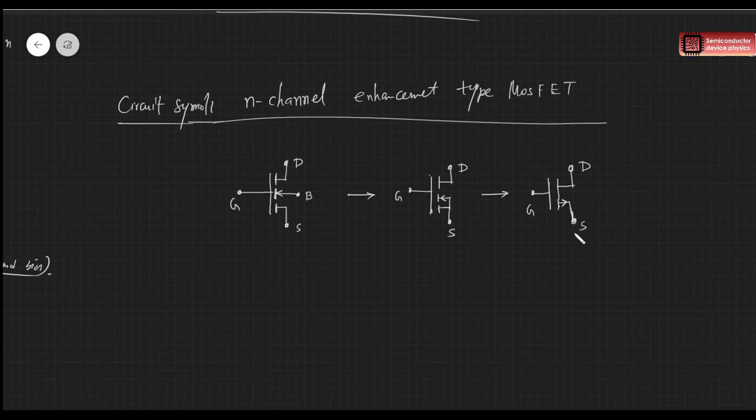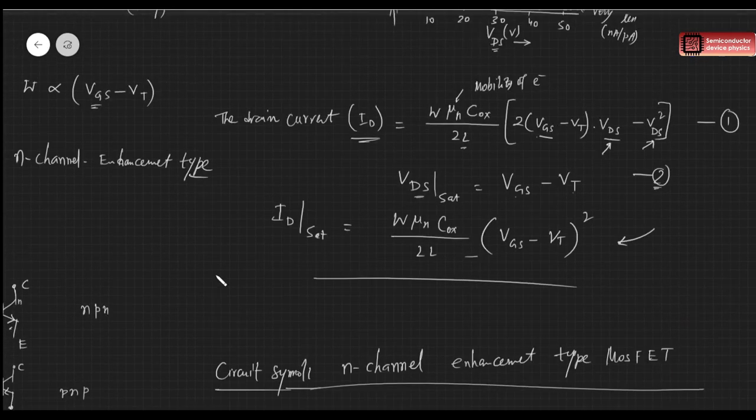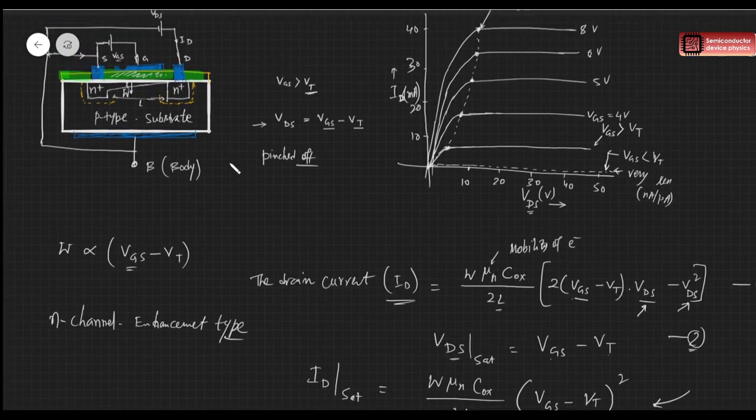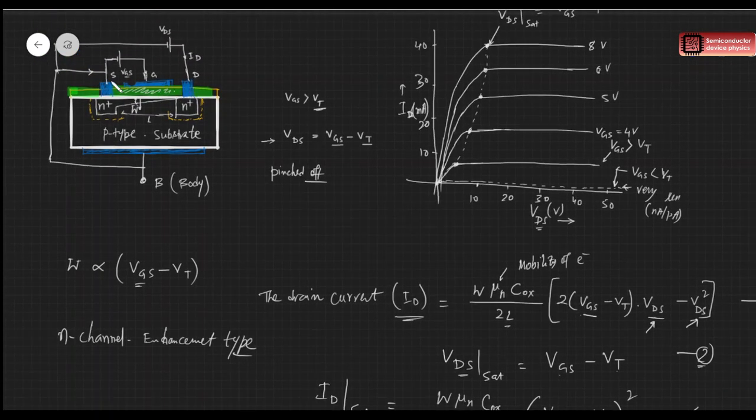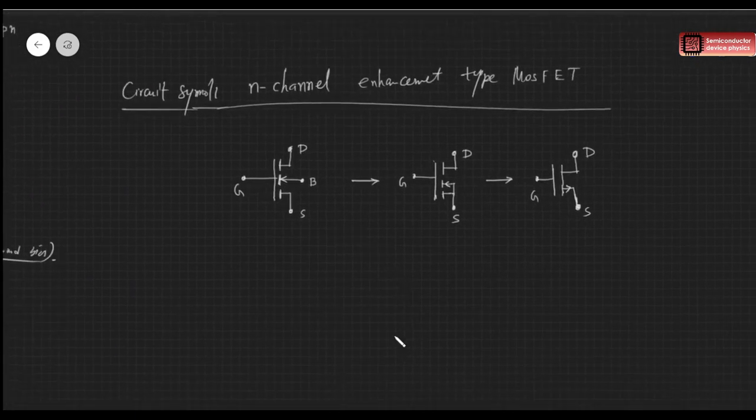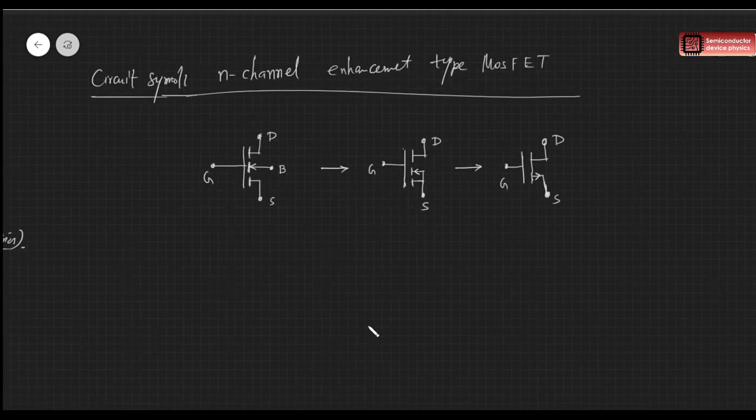So if you draw like this, it says it is the N channel, because for the N channel the source is here, right? Yeah. So this is how we denote the current flow direction.